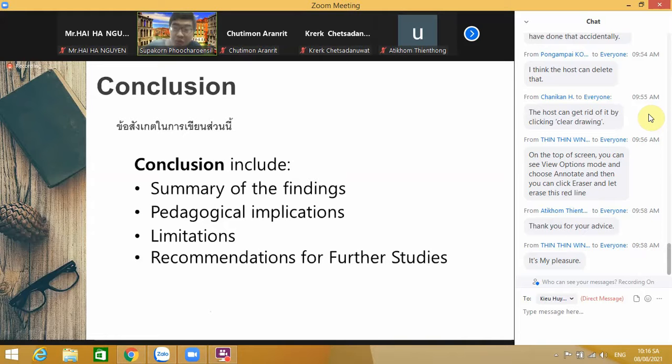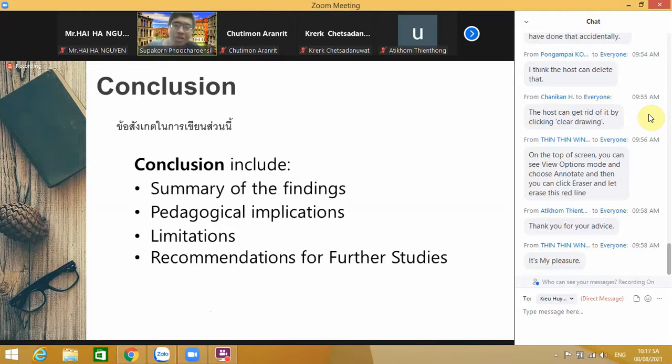Mention only a few major limitations, and make sure that you address all the limitations in the recommendations. For example, if the limitation of your study is the number of your students, you collected the data from only 40 students, the low number of students is one big limitation of your study.